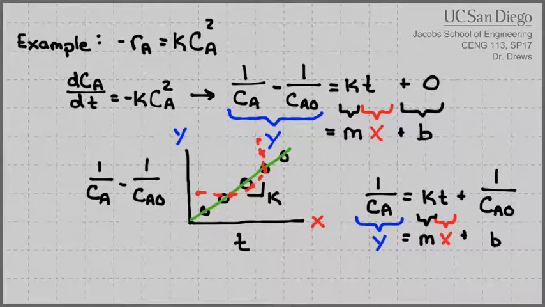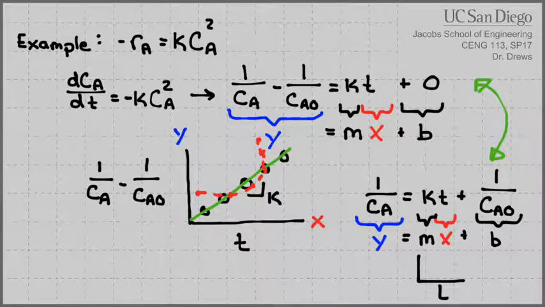And now our b parameter is something like this. So these two forms aren't the same form, but the nice thing is if you do the math correctly, you will get exactly the same answer for k, regardless of which of those two forms you use. If I were to plot this one, I'll just briefly sketch in the plot down here. If I put a t here, my y value would be 1 over C_A.